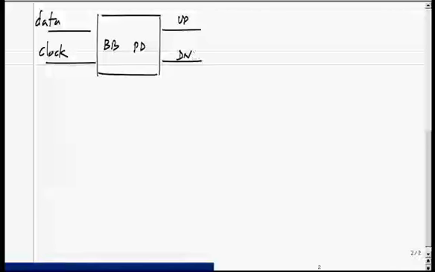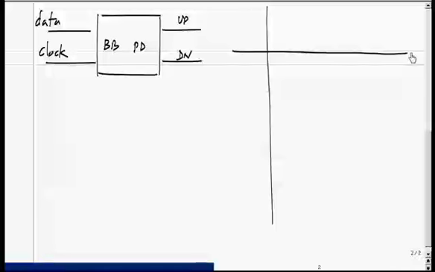It looks at the phase difference between the clock and data inputs and gives outputs up and down, which are used to advance or retard the VCO. So let's say the data is like this: 1, 1, 0, 1, and so on.